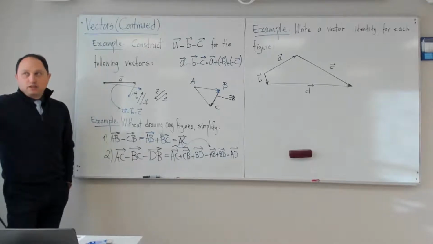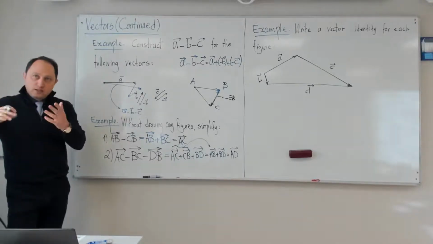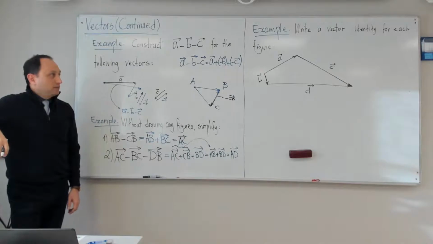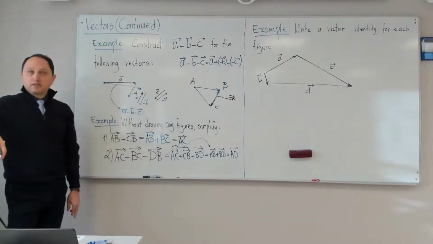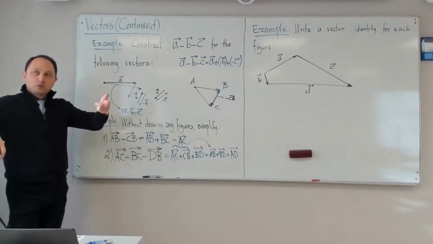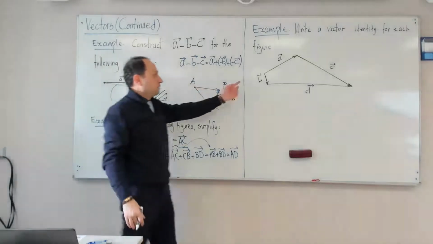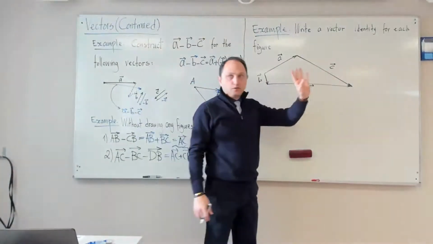Do you have any idea yourself before I give you some kind of hint? Whenever you have a closed polygon, immediately you can write a vector identity there. I'm just emphasizing closed polygon. So that's a closed quadrilateral, yes? It contains 4 sides.